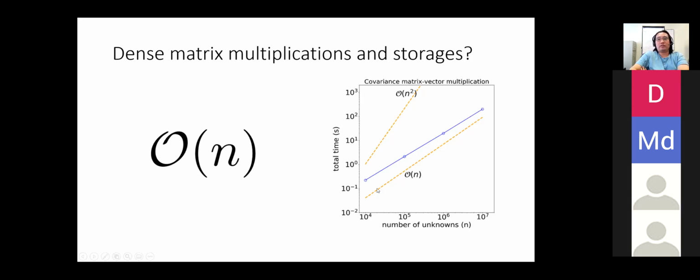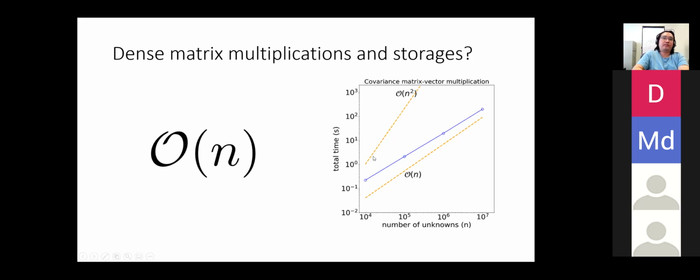You can look at this plot here, from some of my state of the art work on the multiplication problem. Let's say a matrix with 10 to the 4 degrees of freedom times some vector would take less than 1 second.